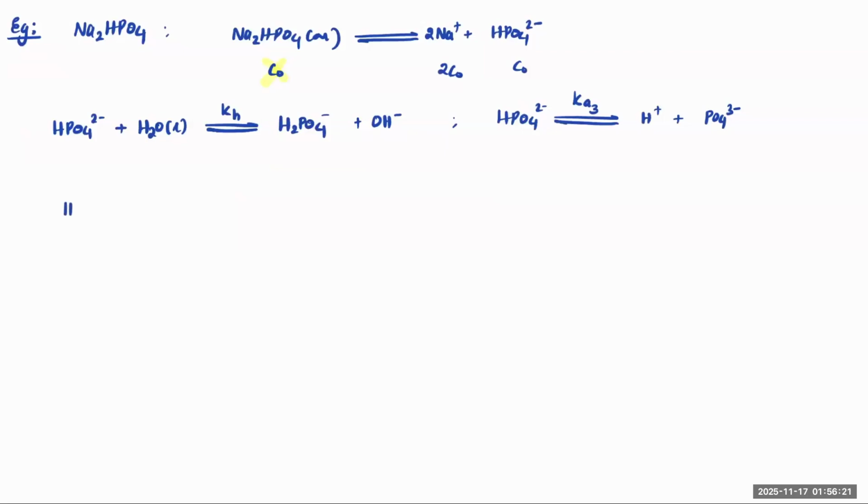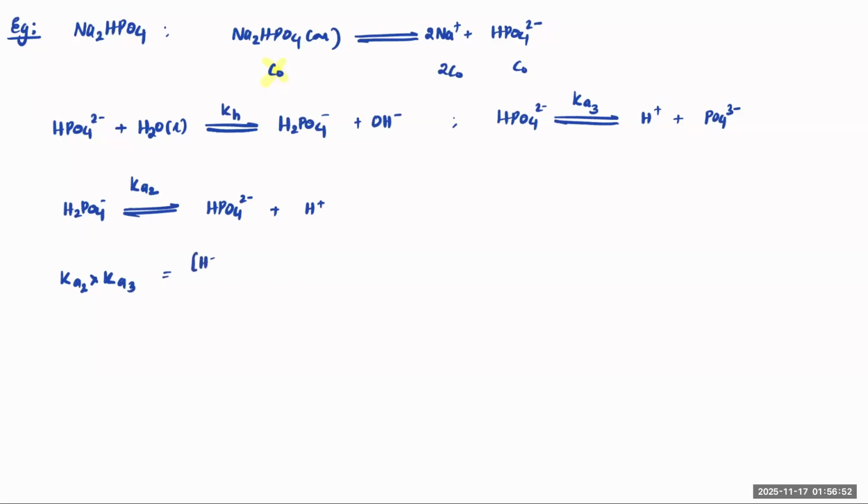And whatever the H2PO4 minus which is forming, that will again ionize into HPO4 2 minus plus H plus. So this is Ka2 value. We do the same thing we did earlier, multiply Ka2 and Ka3. Earlier we multiplied Ka1 and Ka2. Here it is Ka2 and Ka3.